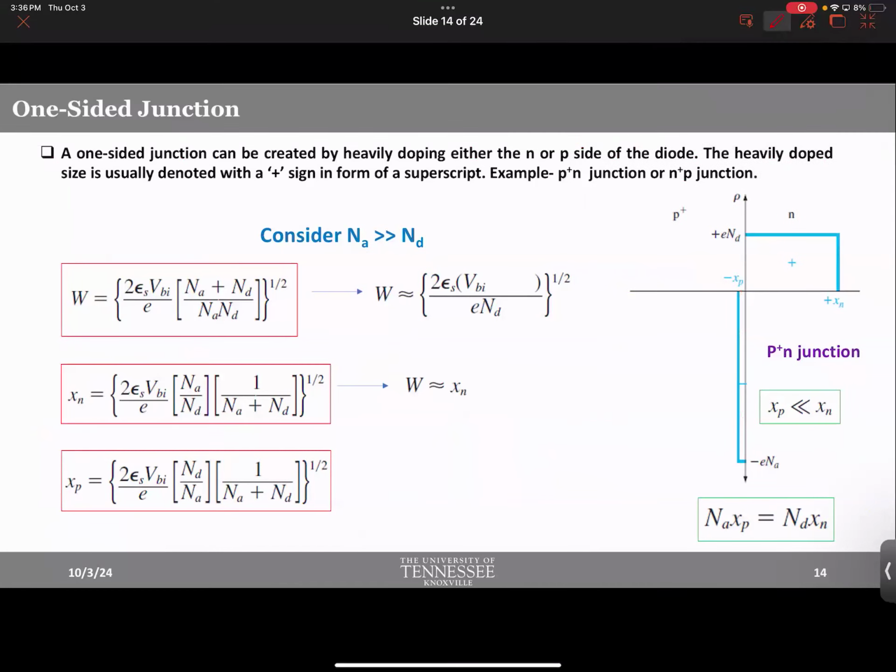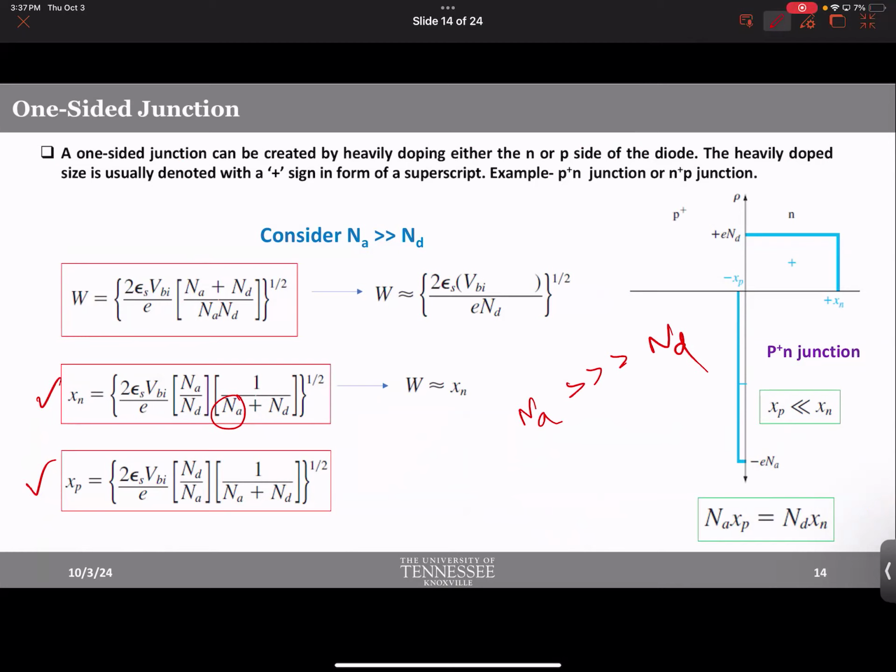Let's just do it using math first, and then I'll give you the physical reasoning, because I think having exposure to both makes a lot of sense. Just look at xn and xp. What happens when Na is far, far greater than Nd? Like, I use heavy doping on the acceptor side and not so much doping on the donor side.